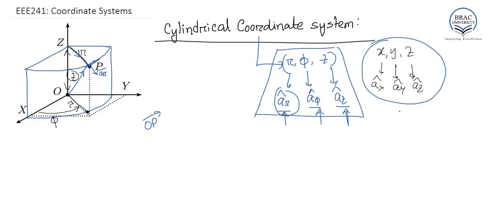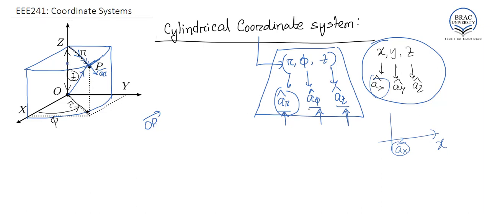This was just the case in Cartesian systems, right? If this was the x-axis, then the ax vector would point directly towards the x-axis direction. So the ar vector will be directed along the radial line and towards the outward direction. This is important: it points outward from the z-axis.